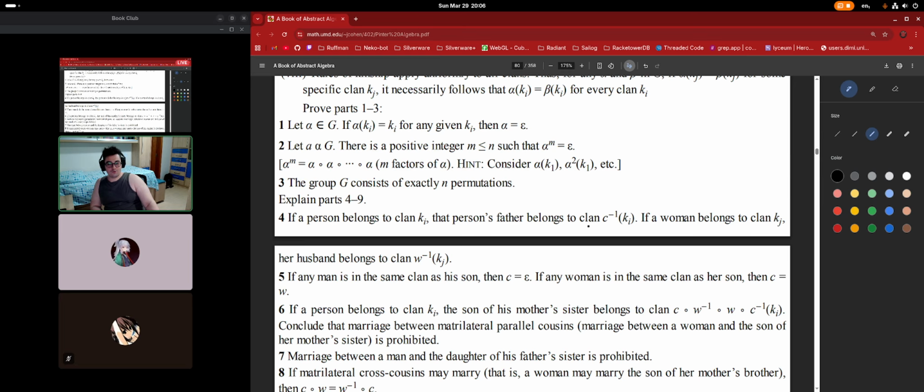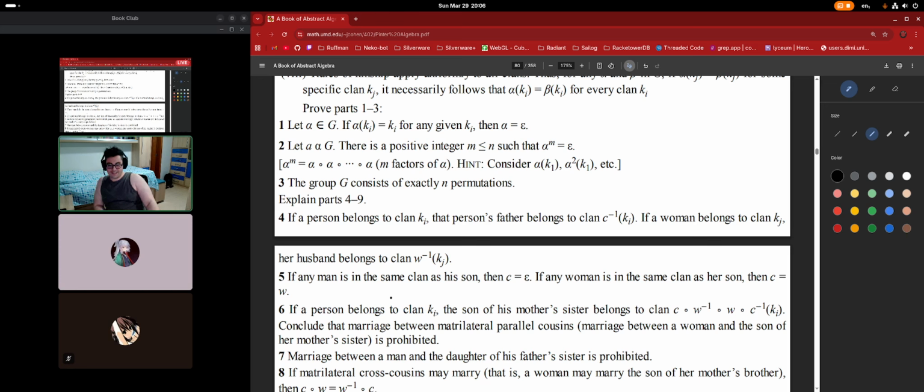If you grab that clan of the child, which is based on the clan of the father, and you apply C minus 1, we know that's going to be equal to identity, which means that you are where you started. But this means that this must be a function that gives the clan of the child from the clan of the father. Yeah. That's it.